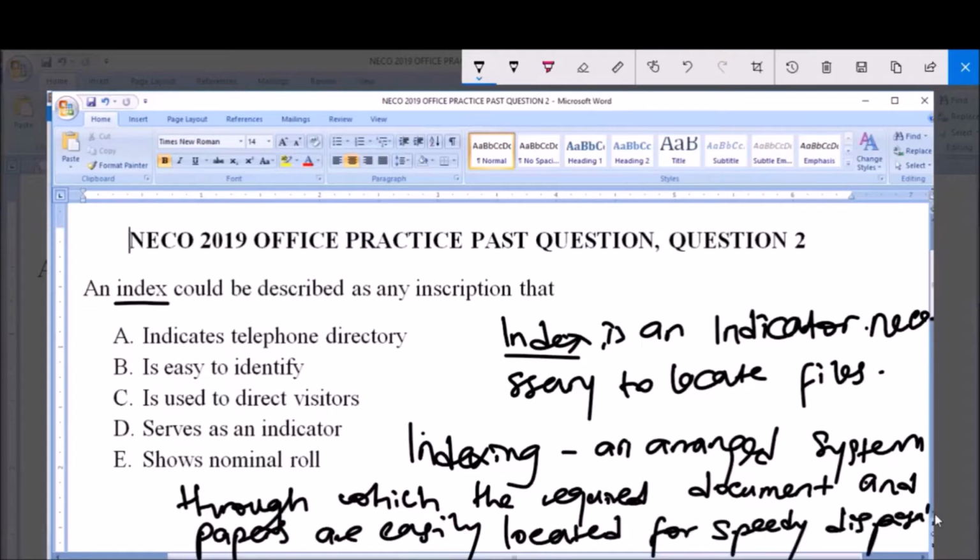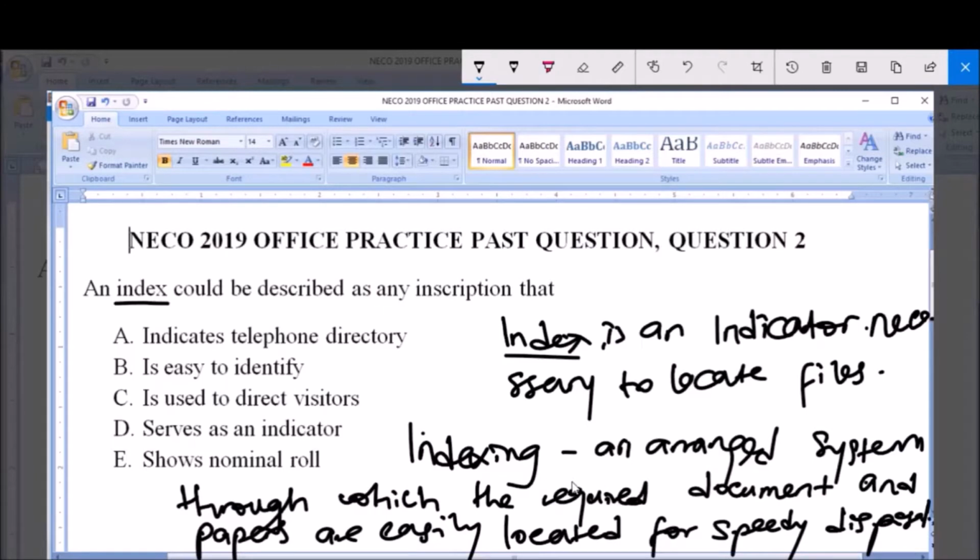And when indexing, you make use of the index, because this index serves as an indicator. Indexing is an arranged system through which the required document, that is the document that is needed, or papers needed, are easily located for speedy disposal.